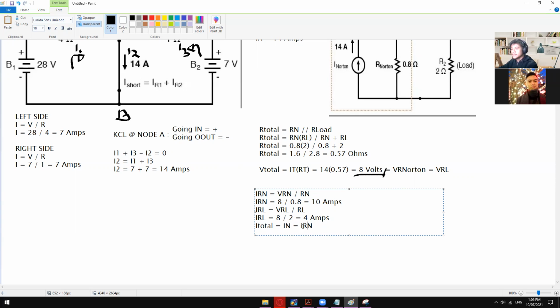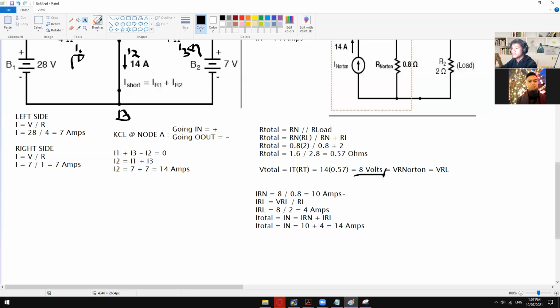So I total is equal to IRN plus IRL. So that IRN is 10 amps and then IRL is 4 amps. Wherein it is correct. Yung nga lang para consistent tayo, 14 amps. So there you go.